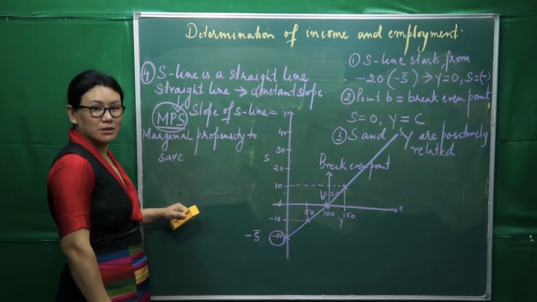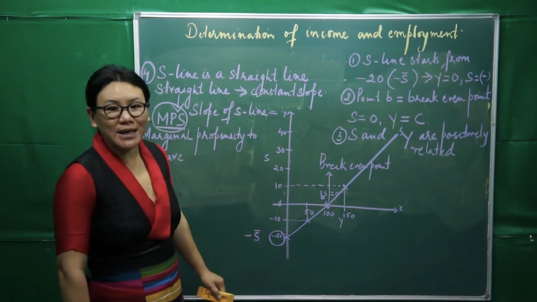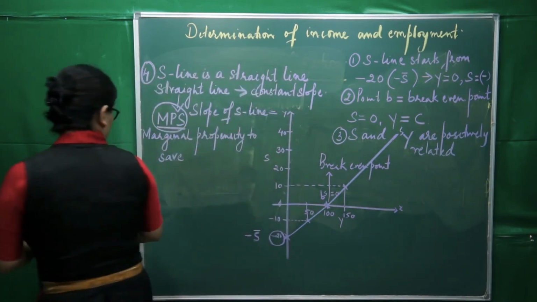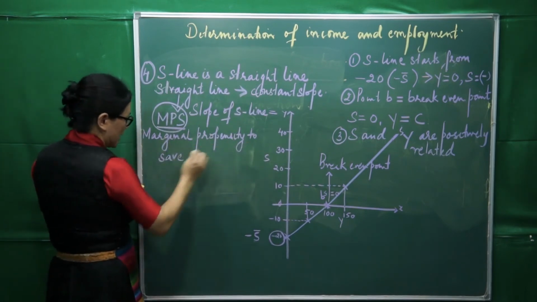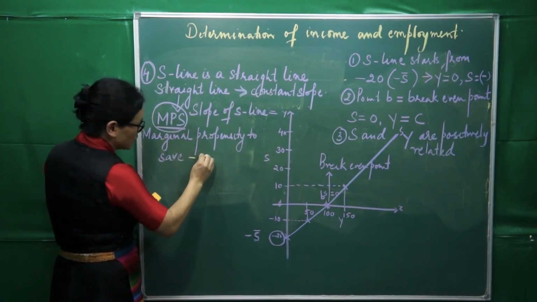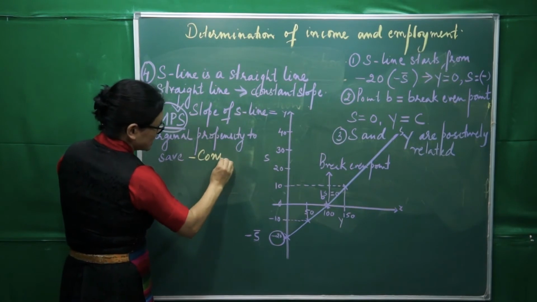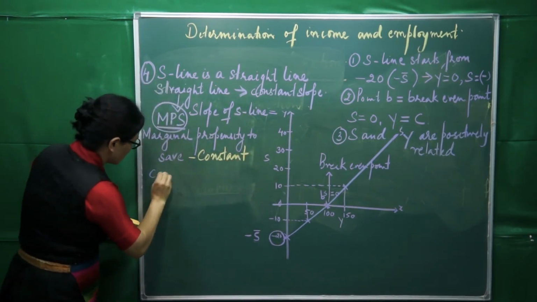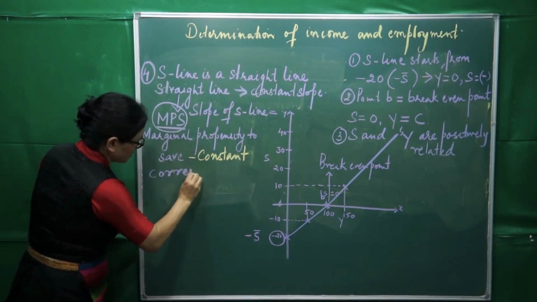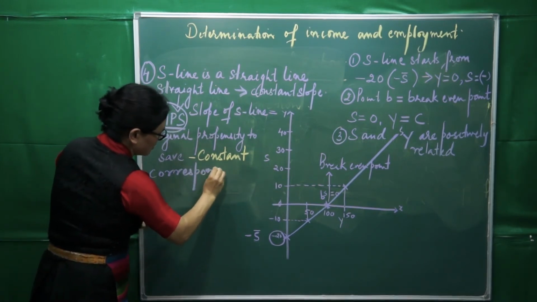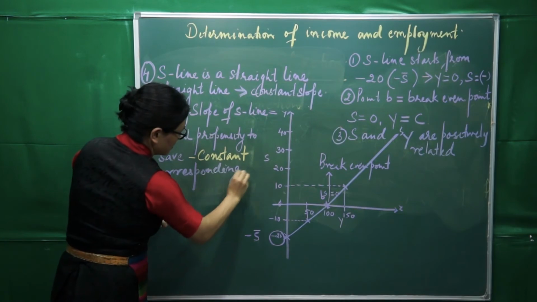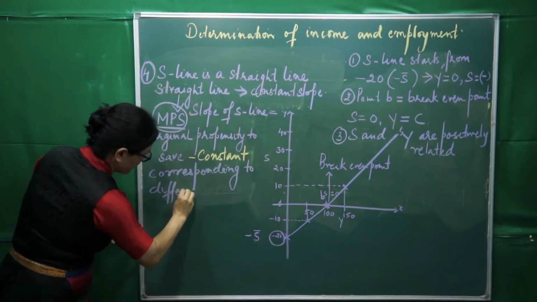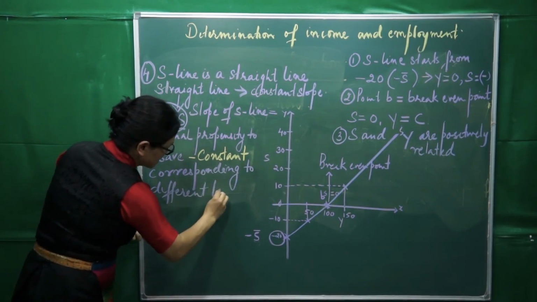All right, okay, so MPS has to be constant. We can say here MPS has to be constant corresponding to different levels of income.